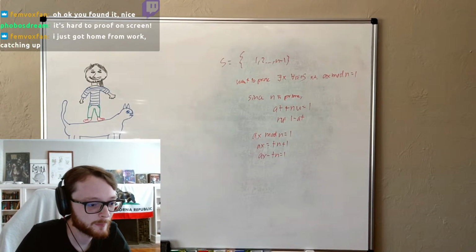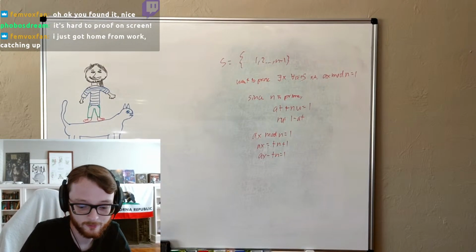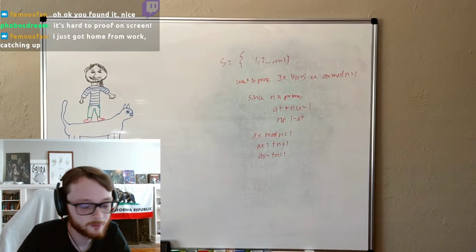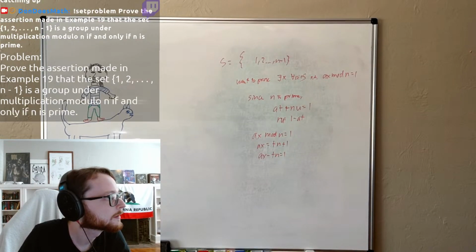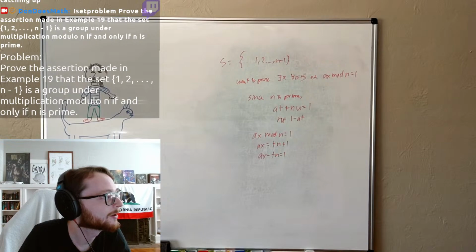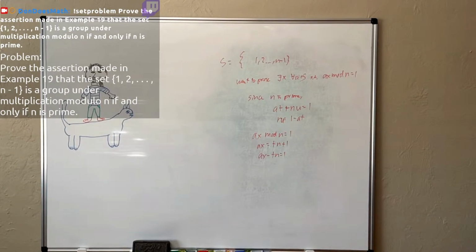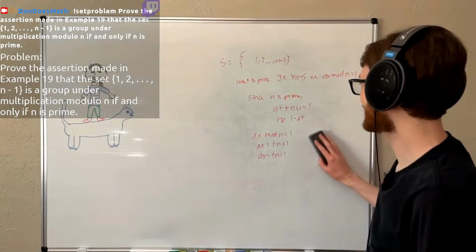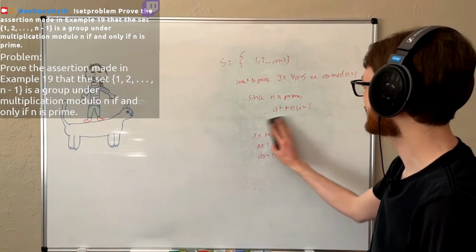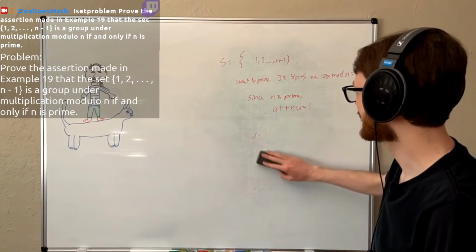I want to write it a bit better just for my own benefit. Oh, the problem is covering up Bob and the cat a bit, but I think what I had here is nearly good. I just need to bring the n u to the other side, not the a t.